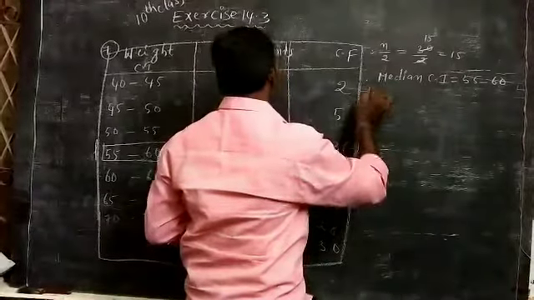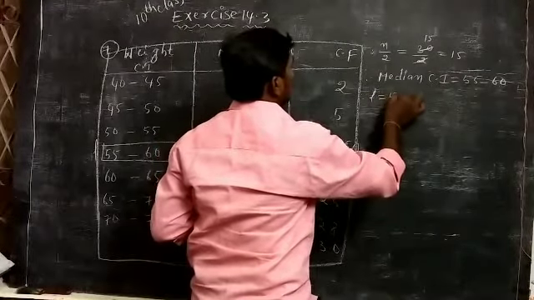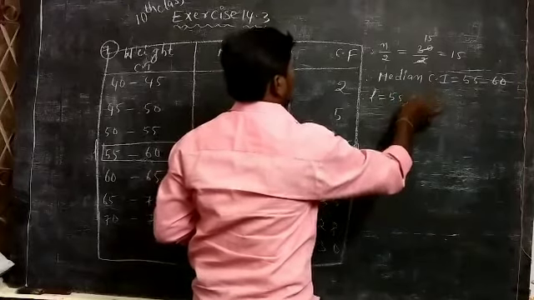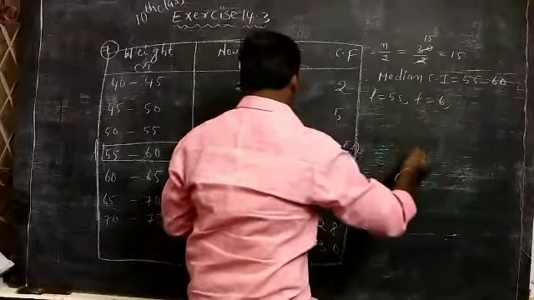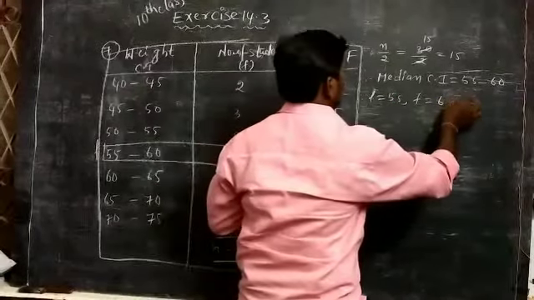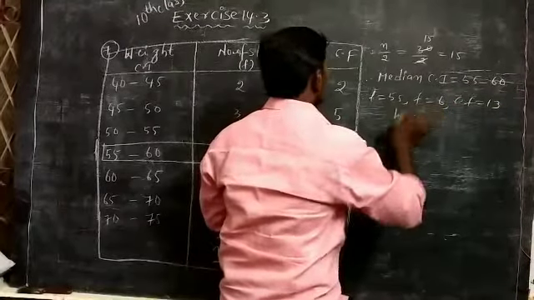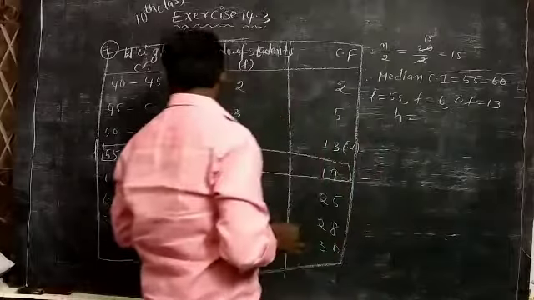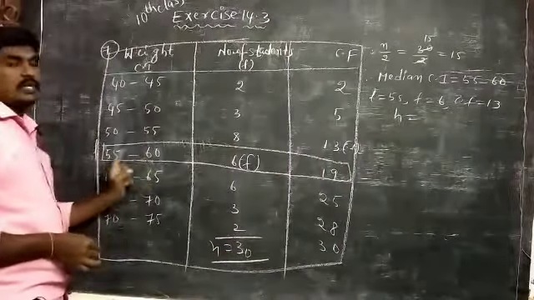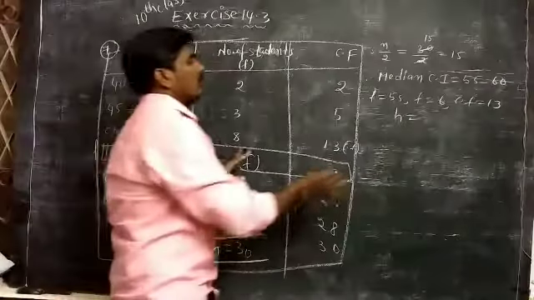Therefore L is 55, f is 6, cf is 13, and h is 60 minus 55, which is 5.